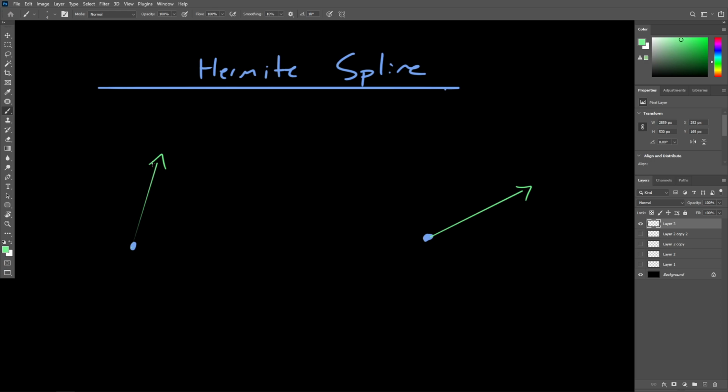So with a slope running in this direction, this side of the curve is going to stick out a fair ways, and then with this vector pointing more in this direction, this curve is probably going to end up looking something like this.